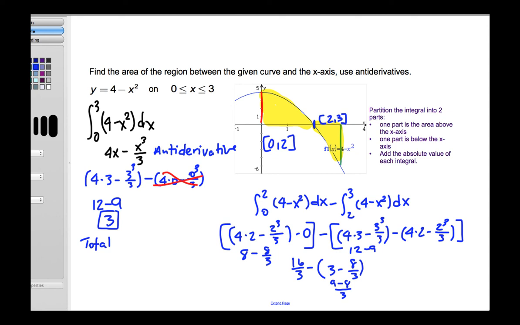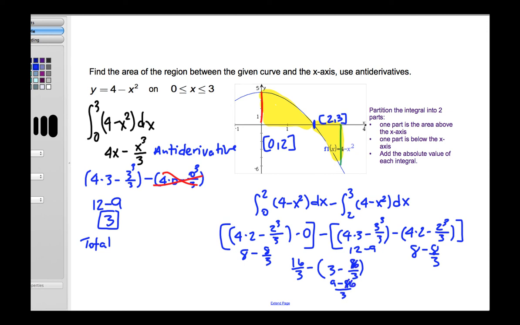I feel like I've got something not quite right here. 4 times 3 minus 3 cubed, 27 divided by 3 is 9. 12 minus 9 is 3. So 8 minus 8 cubed, which is 16. This should be 16.